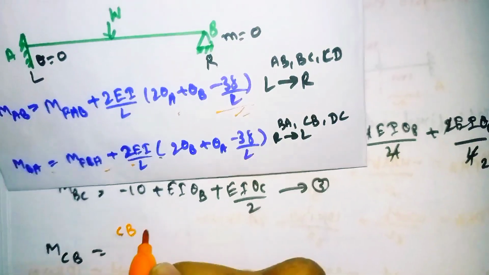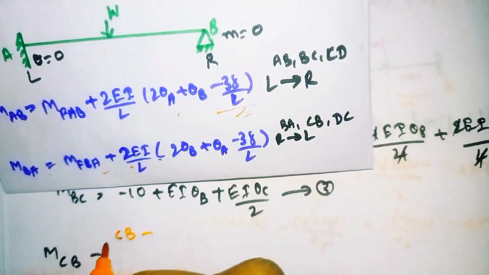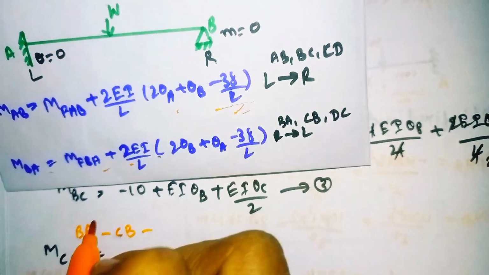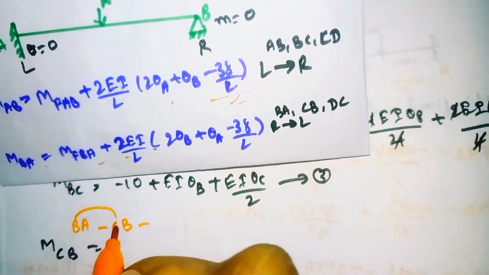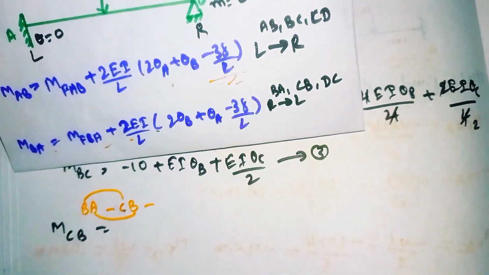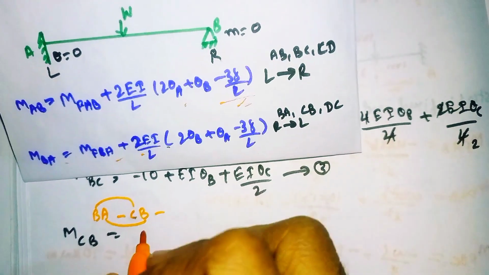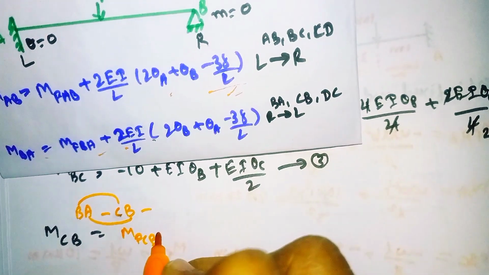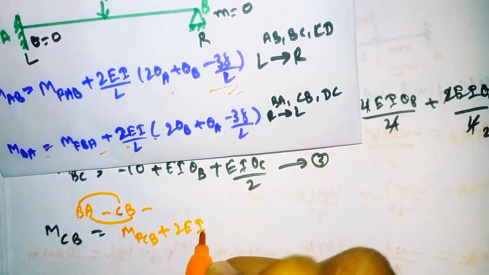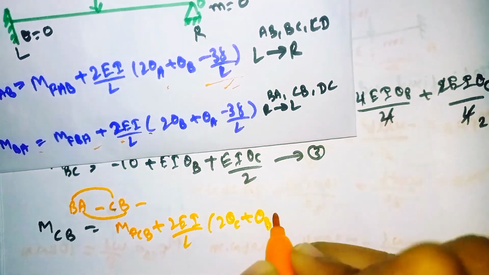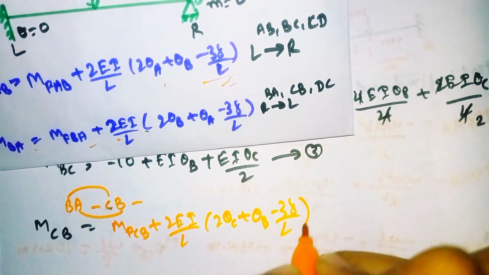In case of BA we need to substitute CB; in case of B, put C; in case of A, put B. So MCB is equal to MFCB plus 2EI divided by L times (2 theta C plus theta B minus 3 delta divided by L).